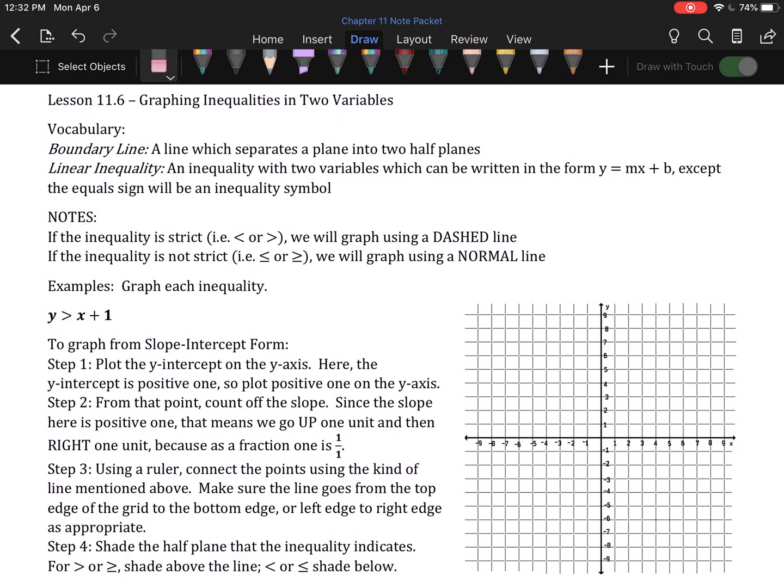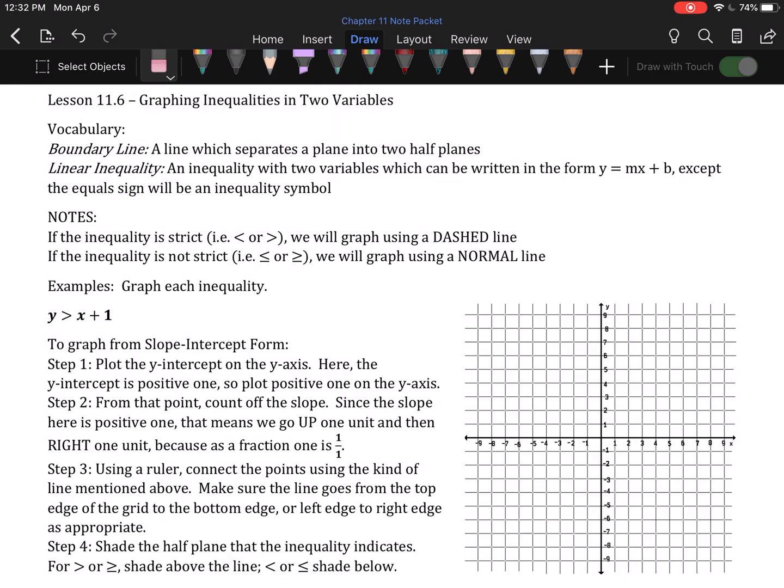When we're graphing, if the inequality is strict, meaning it doesn't have the "or equal to" on it, the line that we connect with will be dashed. And my first example is going to look like that, so you'll get a chance to see it. And if it's not strict, meaning it has the "or equal to" underneath it, it's just a line.